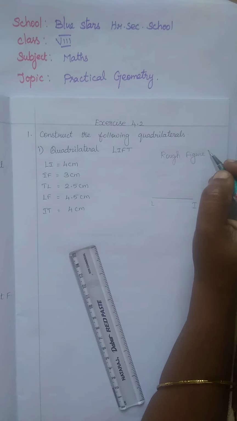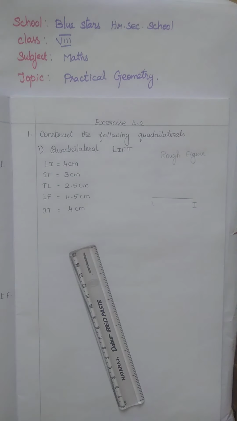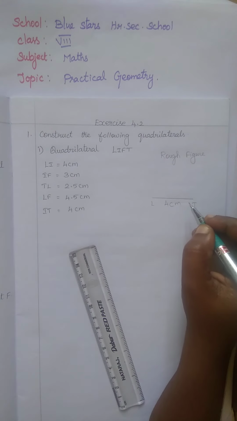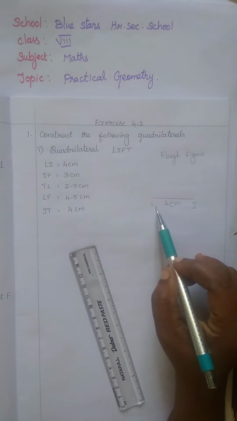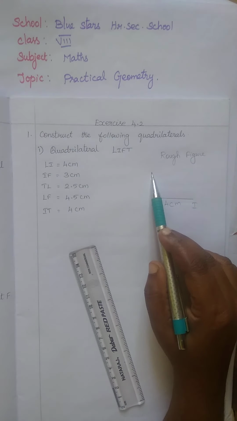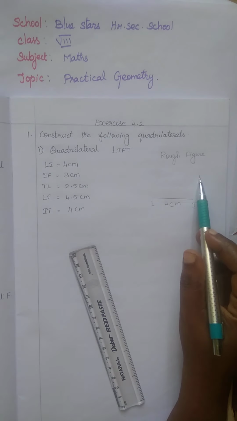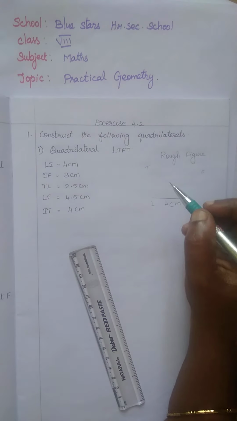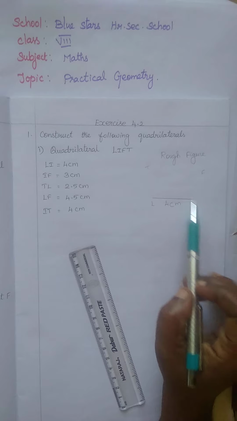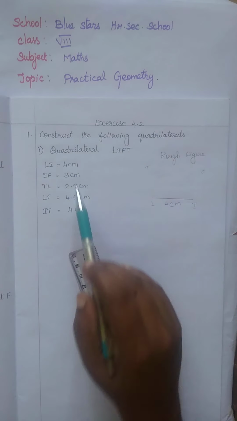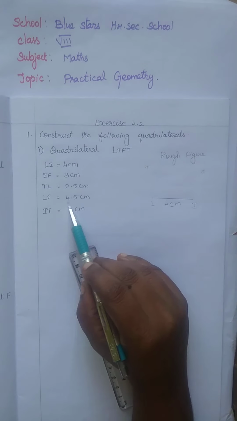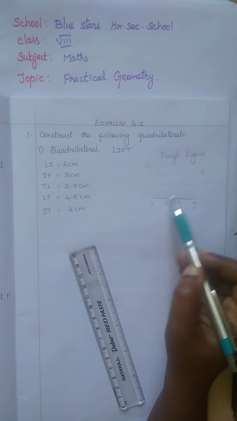Okay, this is a rough figure. First we draw LI. The length of LI is 4 centimeter. Then IF, in LIFT, IF is 3 centimeter. Here F, here T. Then TL is here. So these are the sides. Then LF. LF is a diagonal. See here, LF.